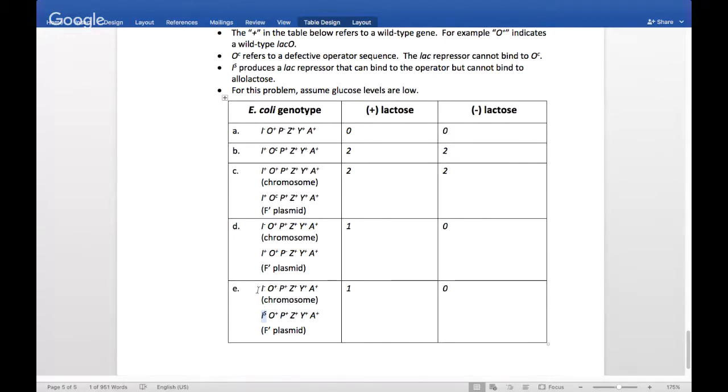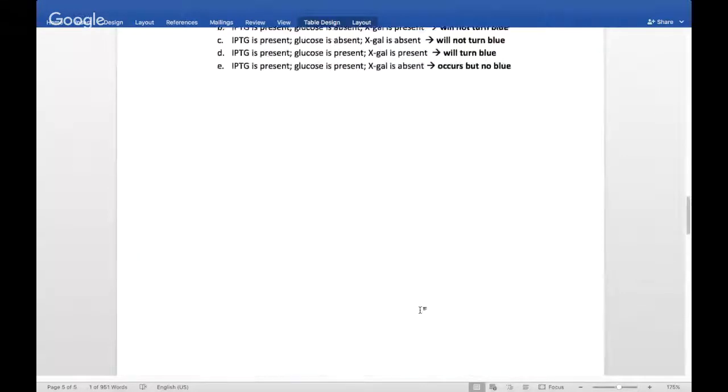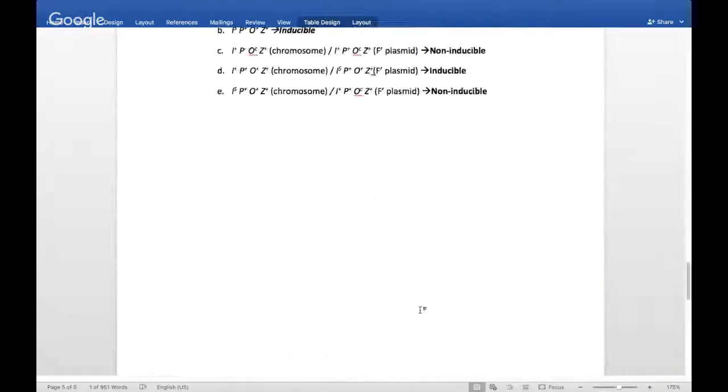So what happens is that you will generate 1 copy from that first chromosome, but you won't get any from the F prime plasmid. So you would get 1. And then in the lactose negative test tube, you won't get any as well. And that is it for our video.